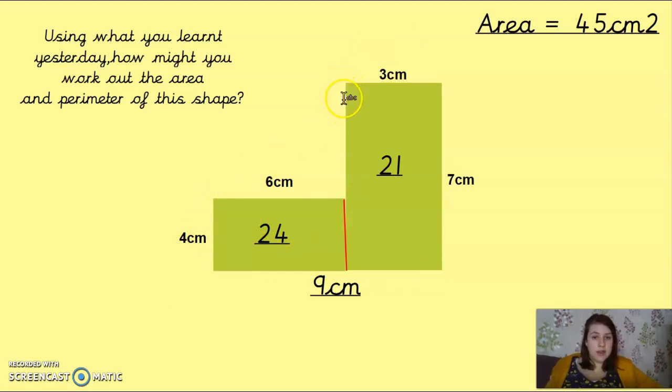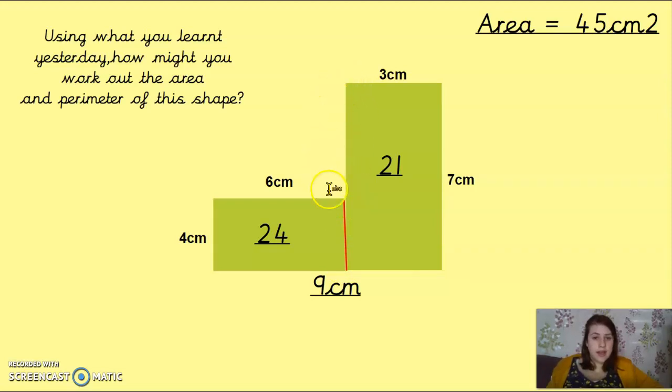Similarly, I need to work out what this measurement is here. Now, I know that from here to here is 7 centimeters, but this isn't the full length because it stops here. But what we're going to use is our knowledge of what the length is of this, and our knowledge of the fact that this is a rectangle along the bottom. So this line must be the same length as this line. So from here to here is 4 centimeters, but we know from here to here is 7.